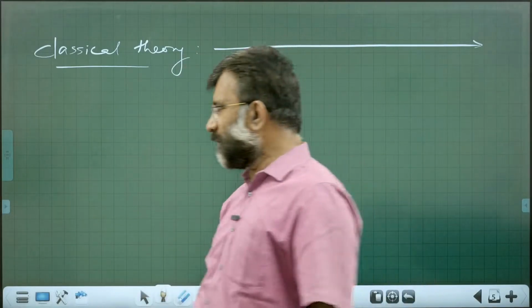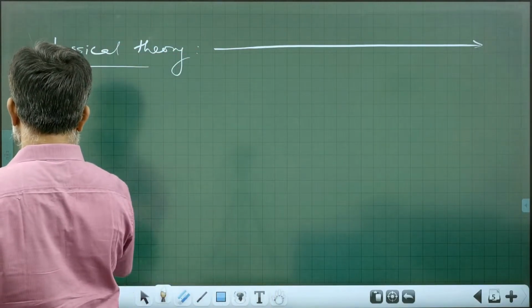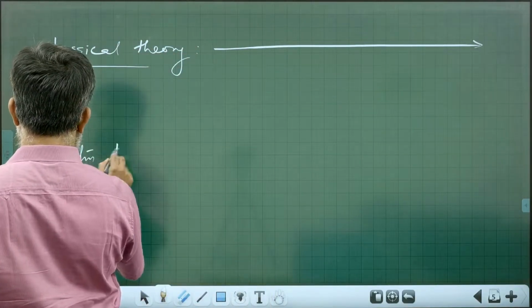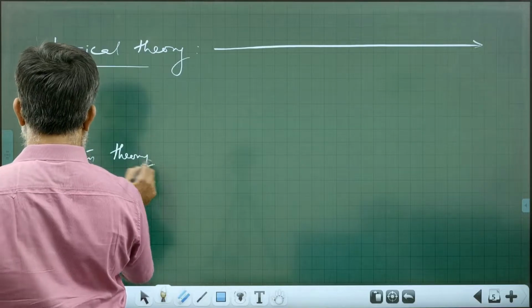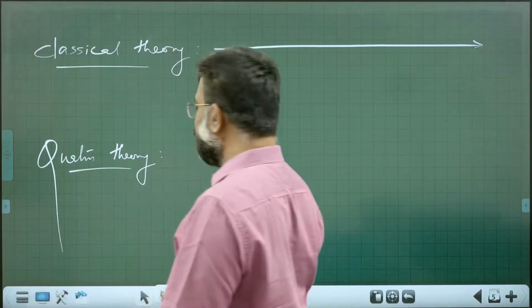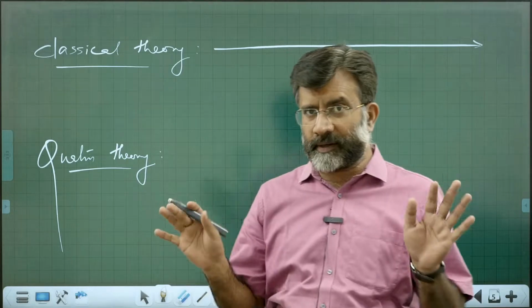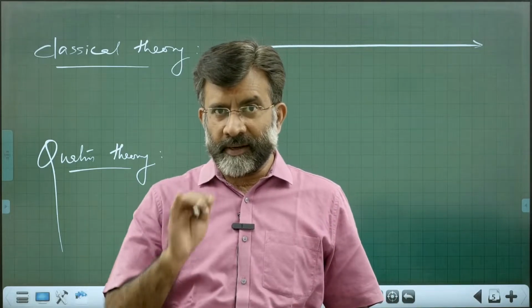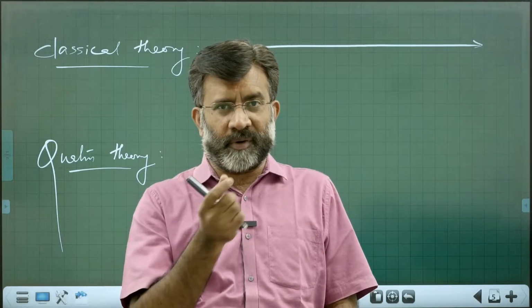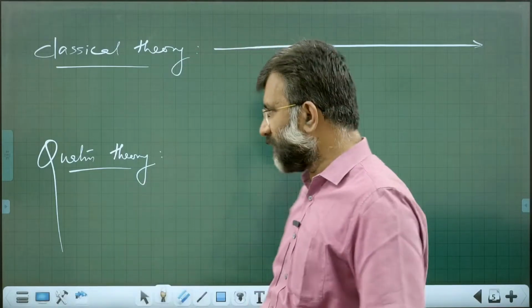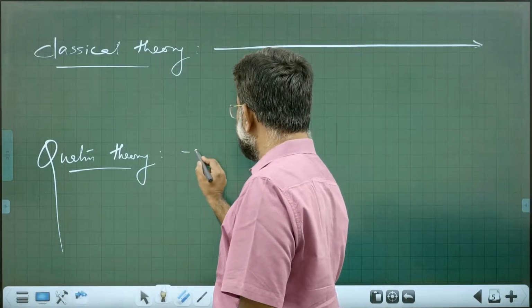What is quantum theory talking about? Quantum theory was proposed by Max Planck. He said energy transmission is not continuous but discontinuous, in the form of small packets of energy. It's not like this, it is like this.